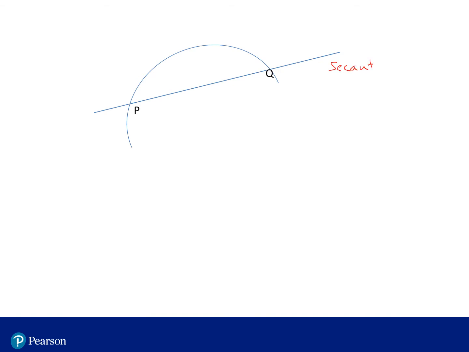We want to see the rate of change of the slope as the point Q traces the curve on its way until it reaches P. So it will eventually settle. That means this line will continue to move and change the slope. So we want to find out the rate of change of the slope of the secant. That's what we want. We want the limit. So we want to get the limit as Q reaches P, and that will give us the rate of change of the secant. So let's take a look at the first move.